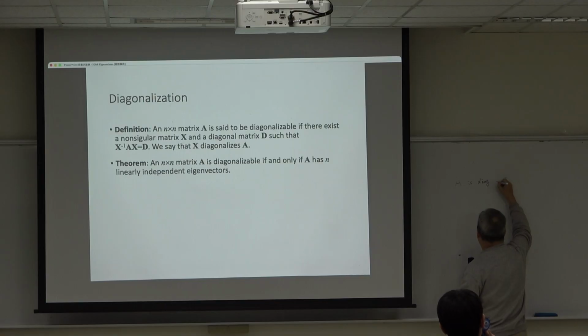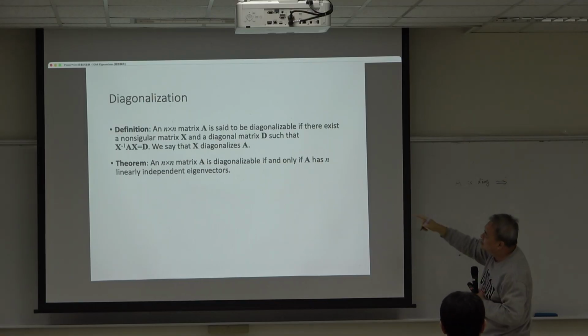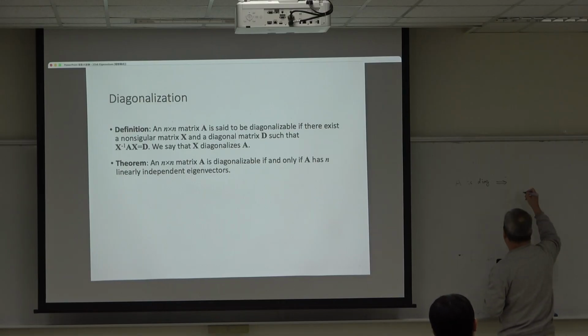We want to show A has n linearly independent eigenvectors.